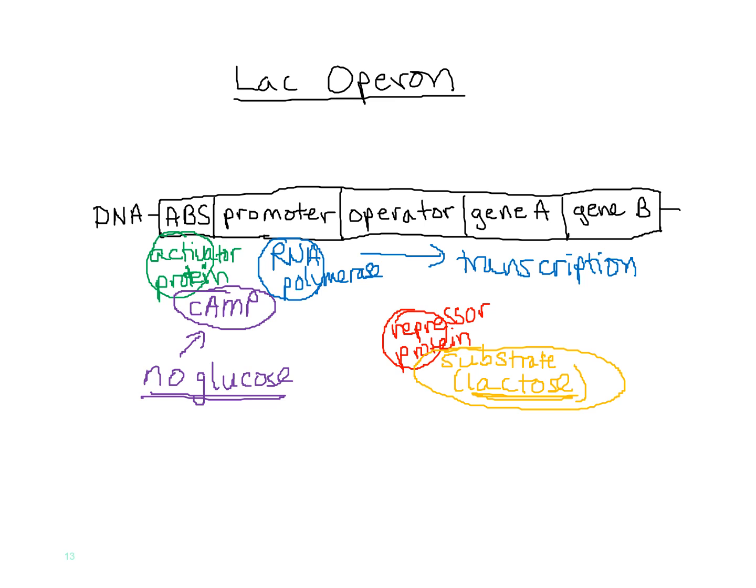Okay, I'm not going to make you draw this on the test, but all you need to know about the LacOperon is when we turn it on. So we're going to turn this on when lactose is present and there's no glucose. Okay, so that's when we're going to turn it on. So lactose has to be present and there's no glucose. All right.